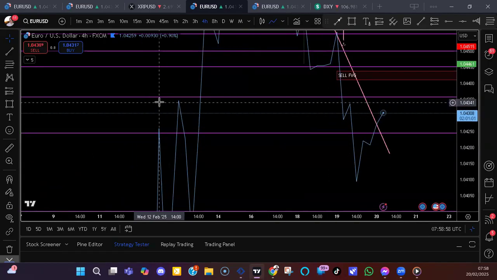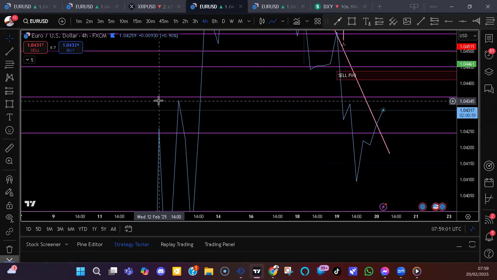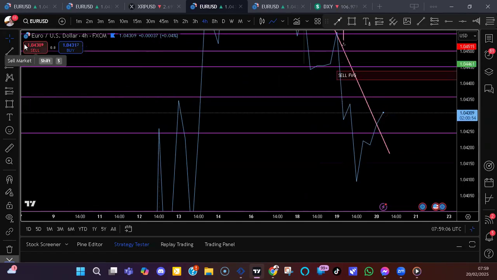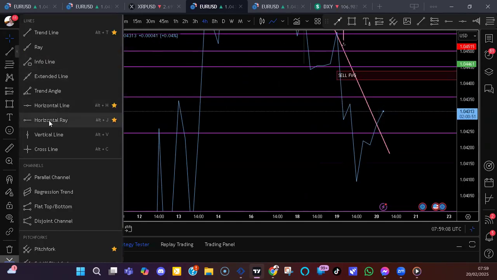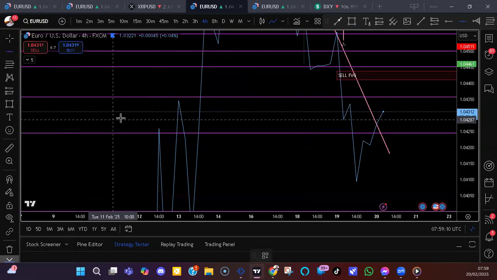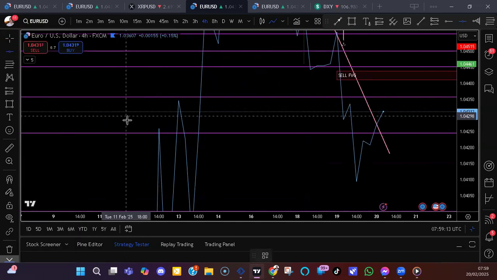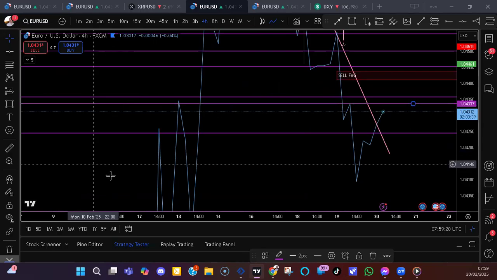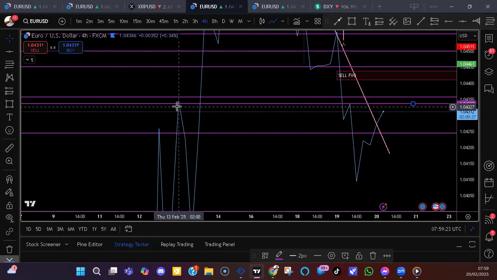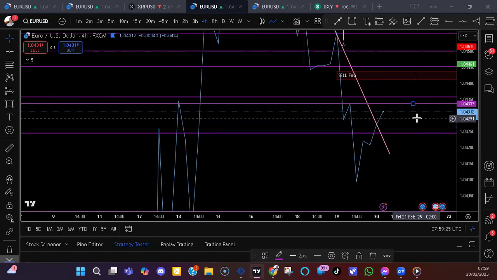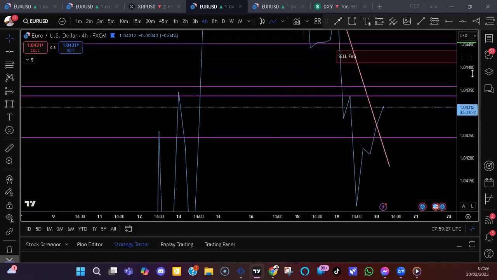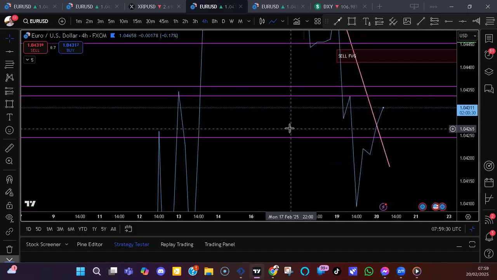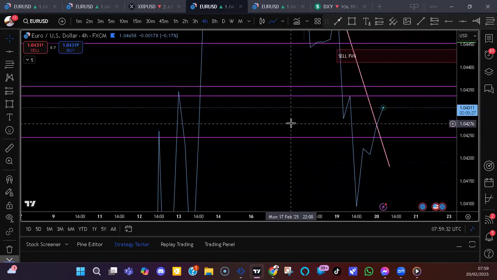See, this area here is an important area. Because one touch there, one touch there. So that's obviously an important area where they could bounce or break. So we'll be looking at that during our time together.